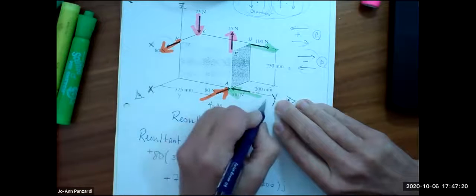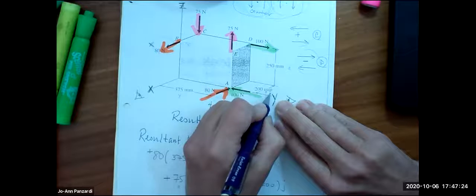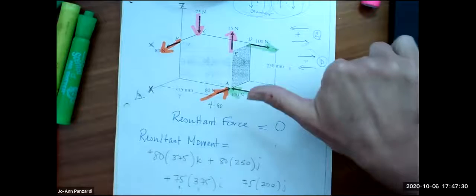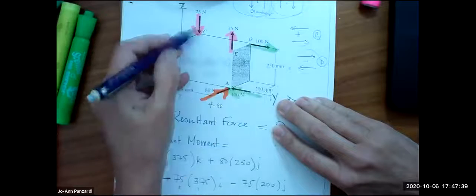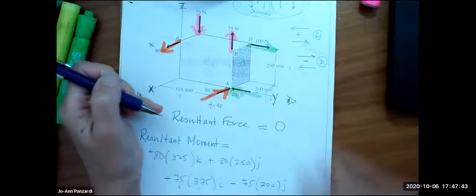I have a 75 coming up on the left side, and I have a 75 coming down on the right side, and it's causing it to spin with my thumb in the negative. Is that helpful? Okay.